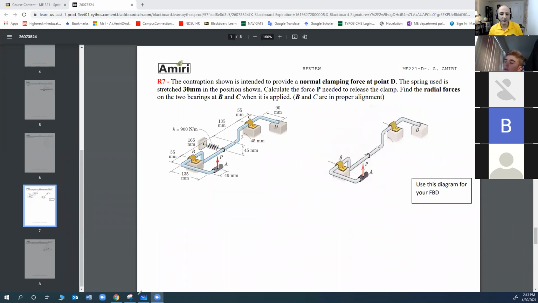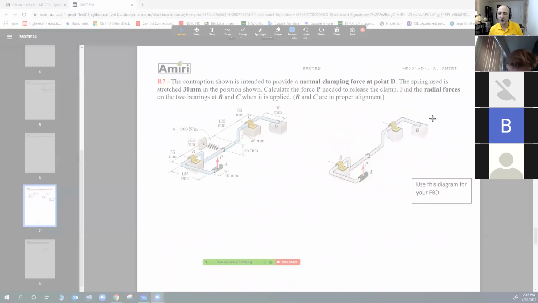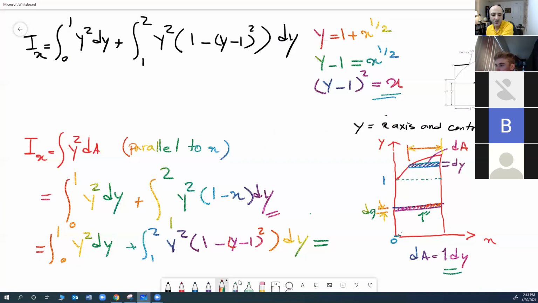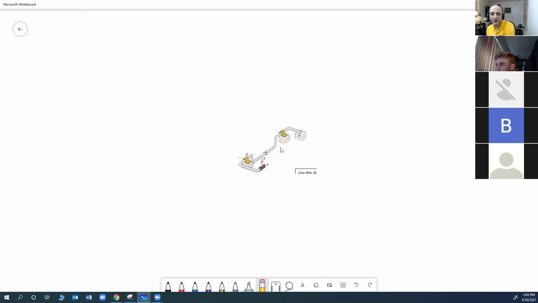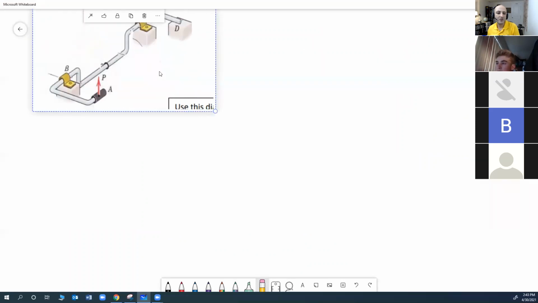I know this is not exactly the way we tell you to do it. We tell you to isolate and draw. But this problem gives a figure and says, hey, try to draw forces on this one. Okay.